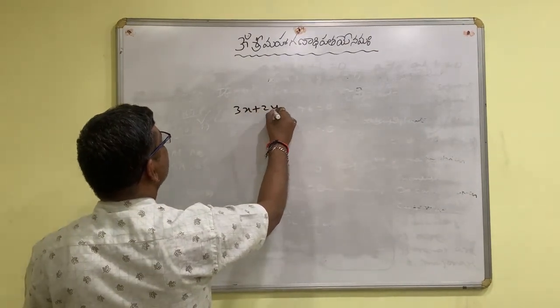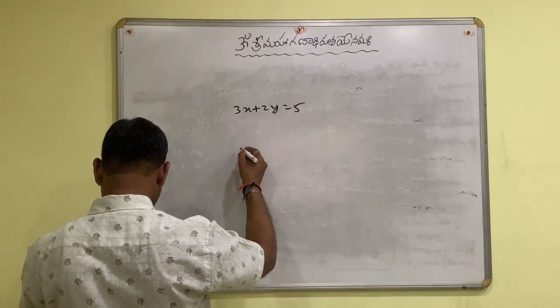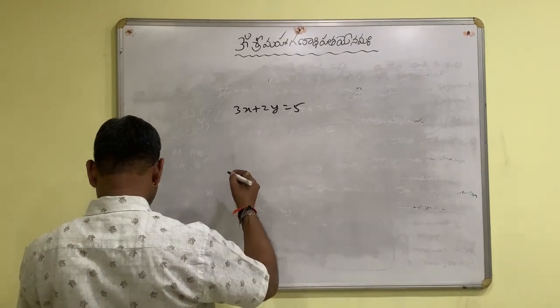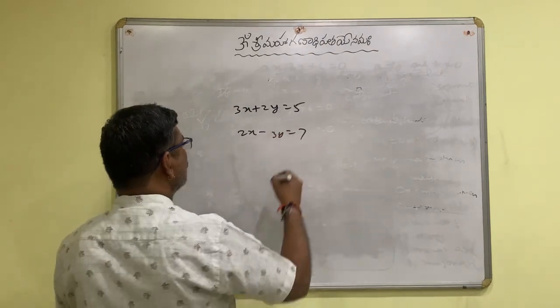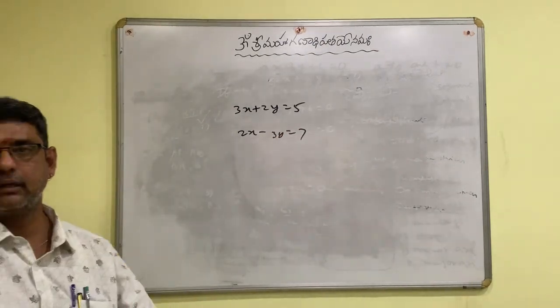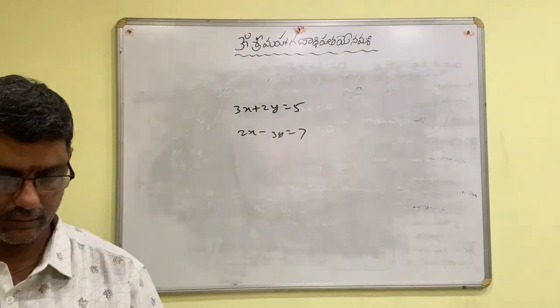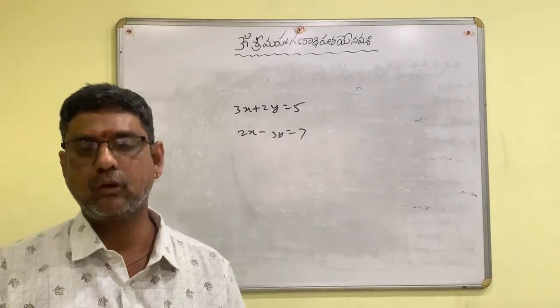3x plus 2y is equal to 5. x minus 3y is equal to 7. Children, tell me. Does this pair form intersecting lines, parallel lines, or coincident lines?